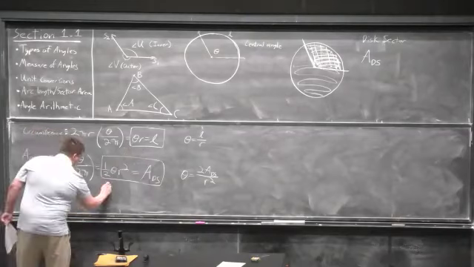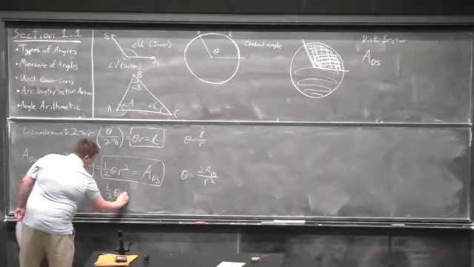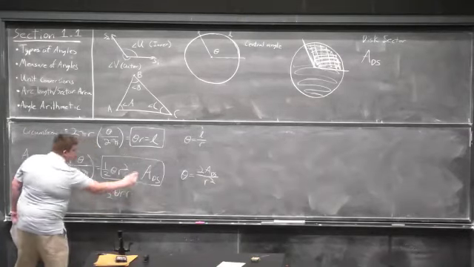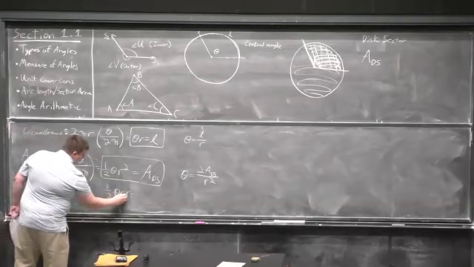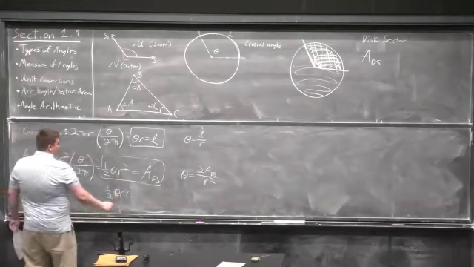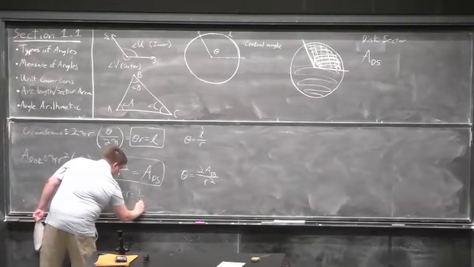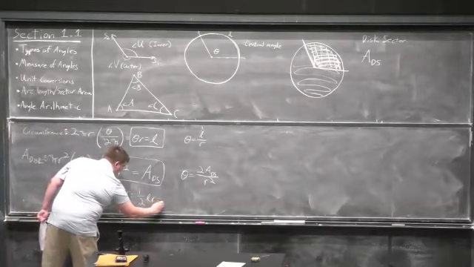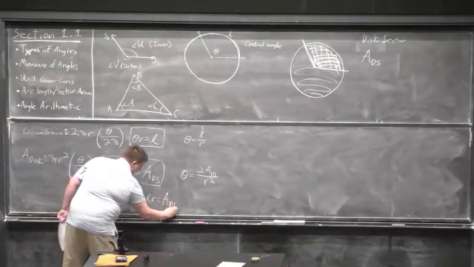So that means 1/2 theta r times r is equal to my area of the disk sector. Well, this theta r I can rewrite as L, or my arc length. So I have 1/2 L times r equals area of my disk sector.